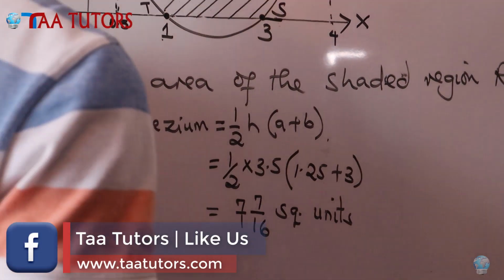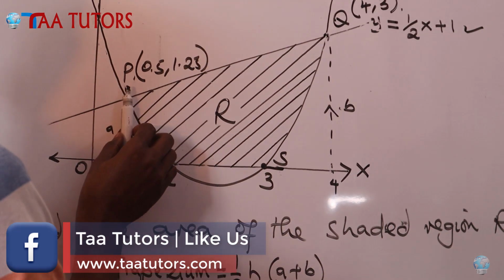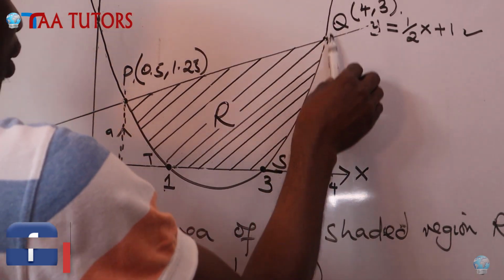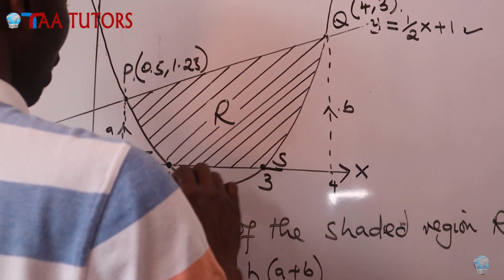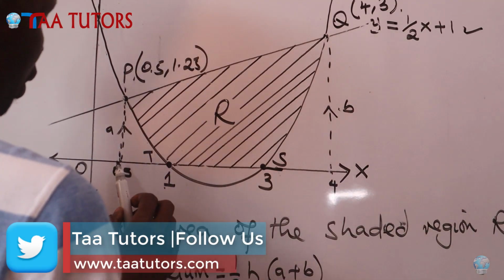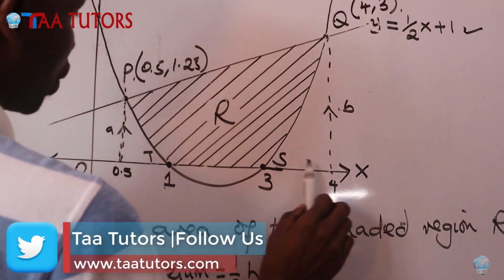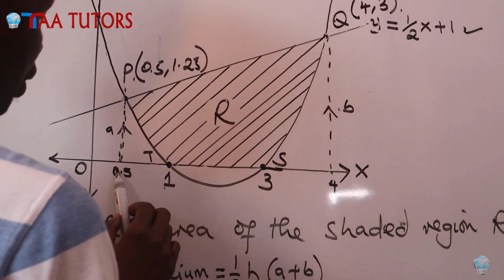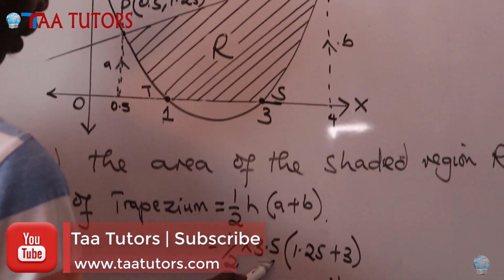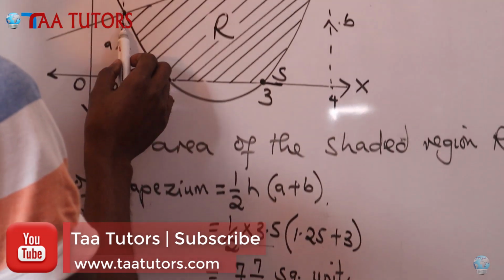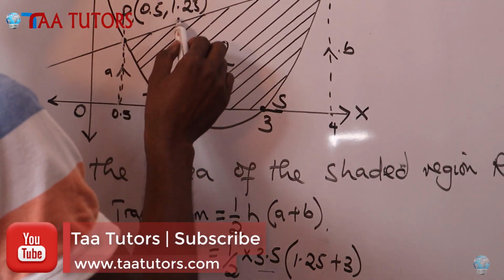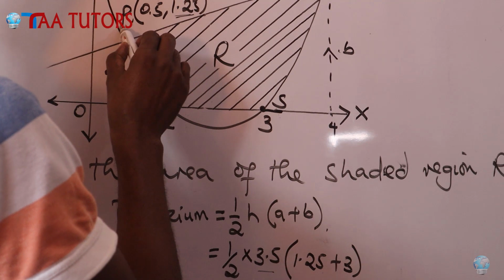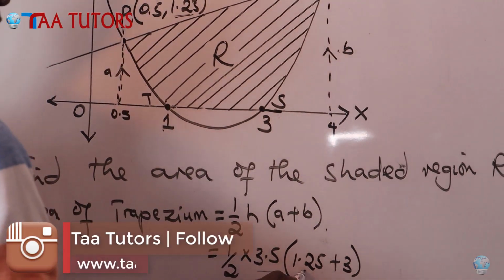Let's see what we have done again. What we have done here is to get the area of a trapezium, from here to here. I said this one is the height, the distance between the two parallel lines, which is 4 minus 0.5, which is 3.5. Then we have said this y value here is equivalent to 1.25 from P, which is there.